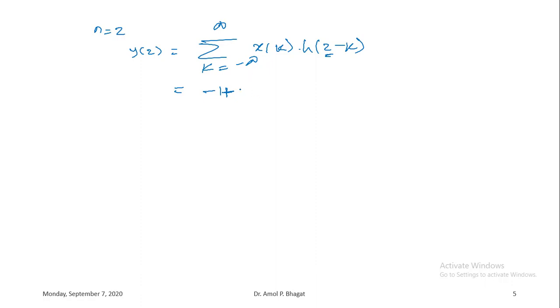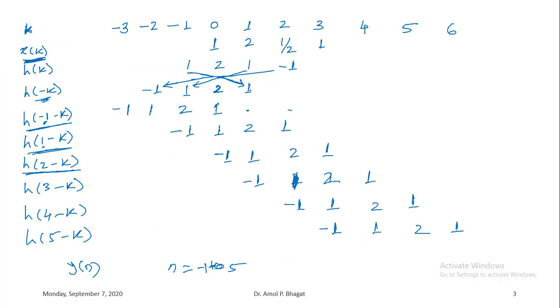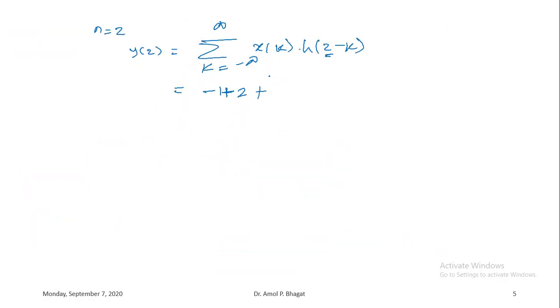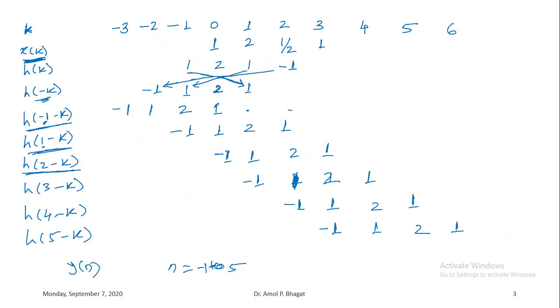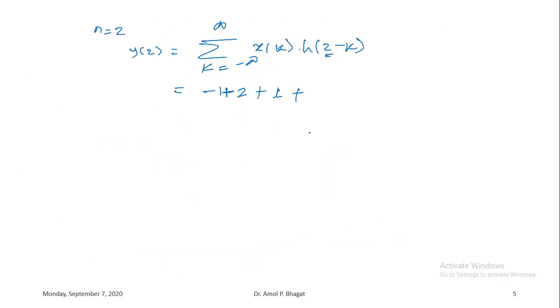Plus, the next value you can observe here is 2, so 2 multiplied by 1 by 2. So 2 multiplied by 1 by 2 will be 1, plus the last value. The last value here is 1, it is again 1 in x of k, so 1 multiplied by 1 will be 1.